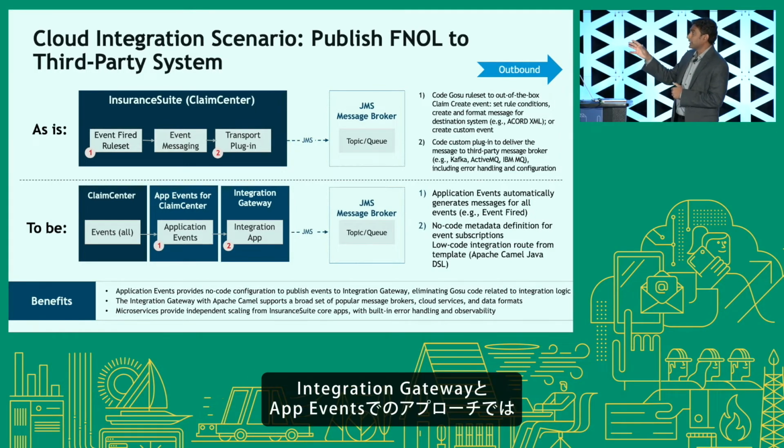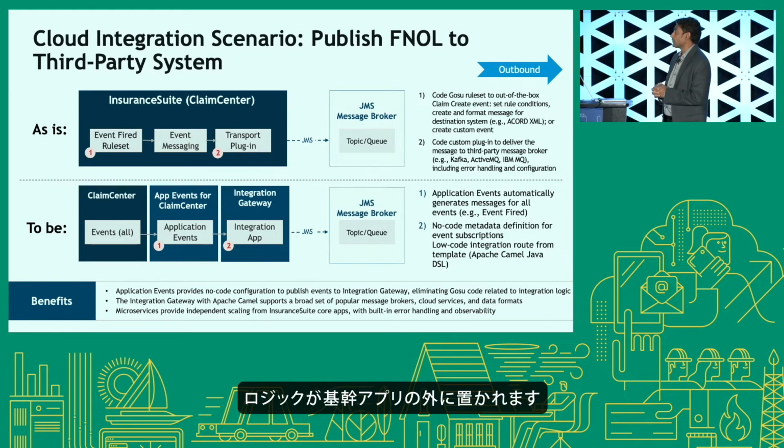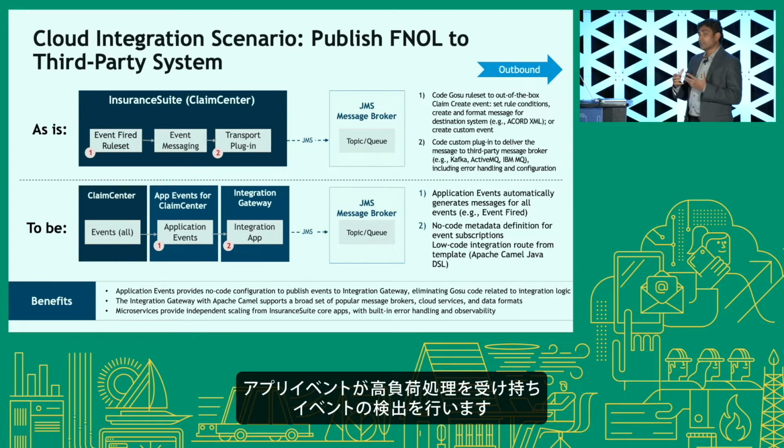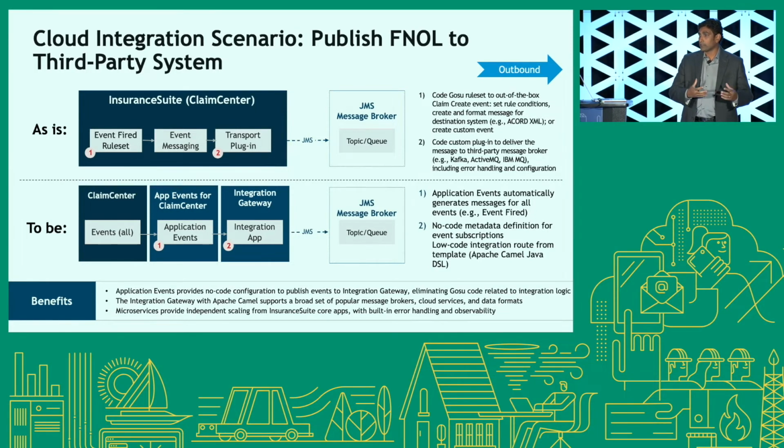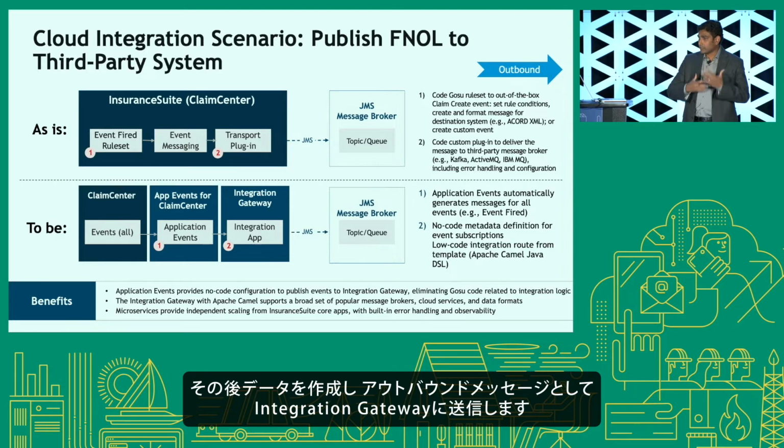In the integration gateway and app events approach, one, you're bringing the logic outside the core application, and then app events does the heavy lifting to detect those events, create some data, and send that as an outbound message to integration gateway.